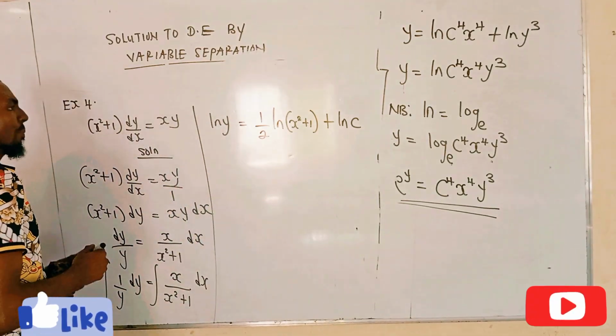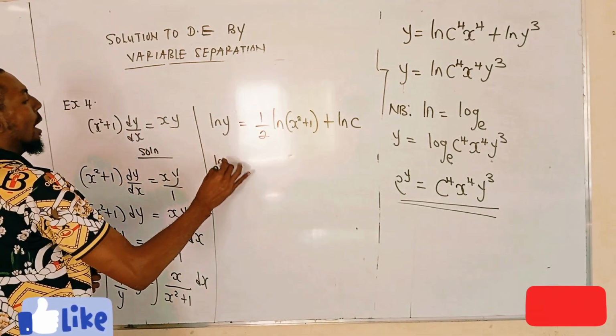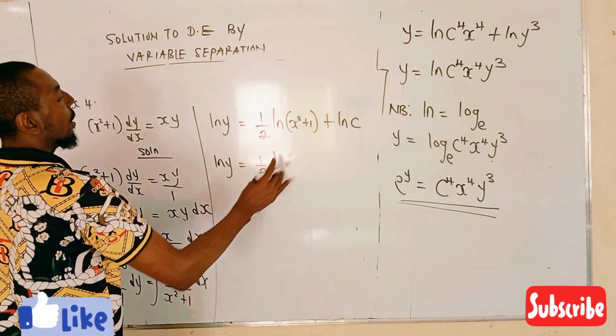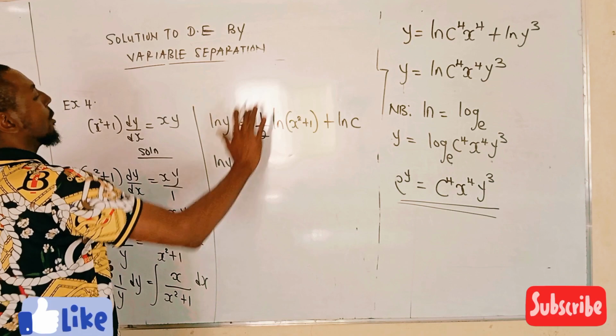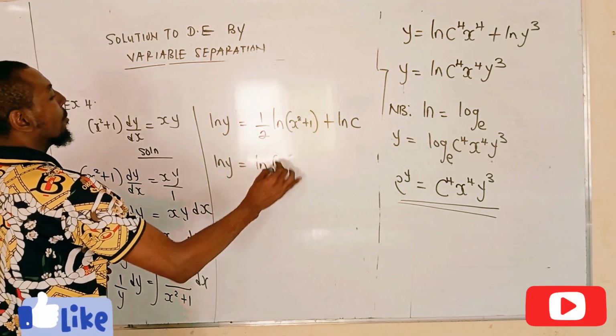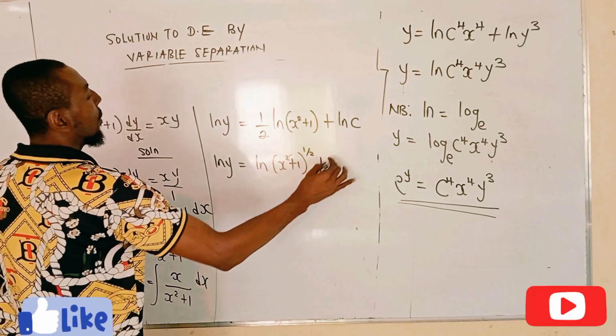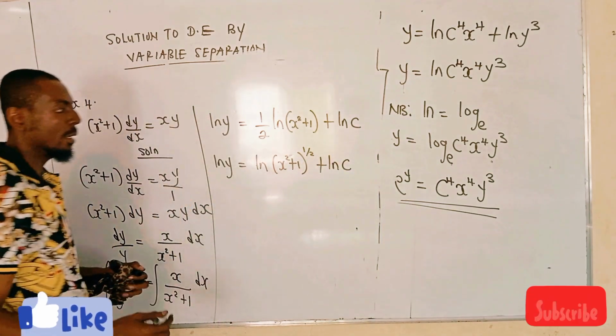So we have ln y equal to 1/2 ln(x² + 1) + ln c. We take the 1/2 up there, so we have the ln of (x² + 1) raised to the power half plus the ln of c.